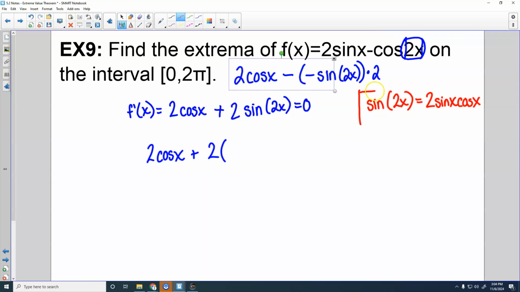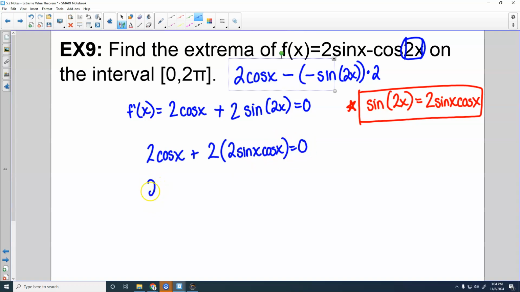So that's one of those we had from pre-cal that we've probably forgotten. So we can replace sine of 2x with 2 sine x cosine x here. So that's 2 cosine x plus 4 sine x cosine x equals 0.